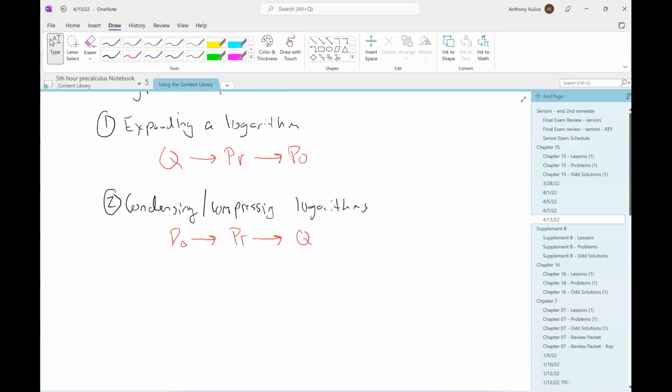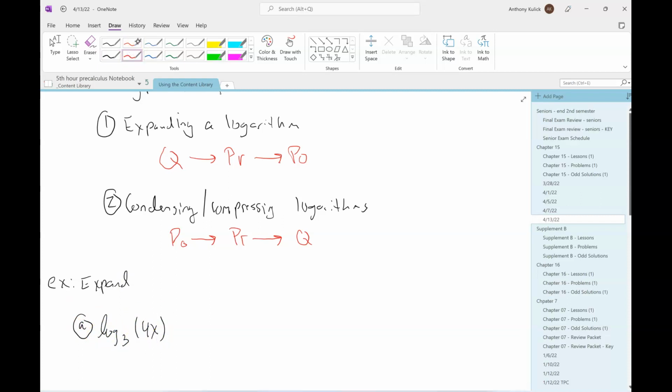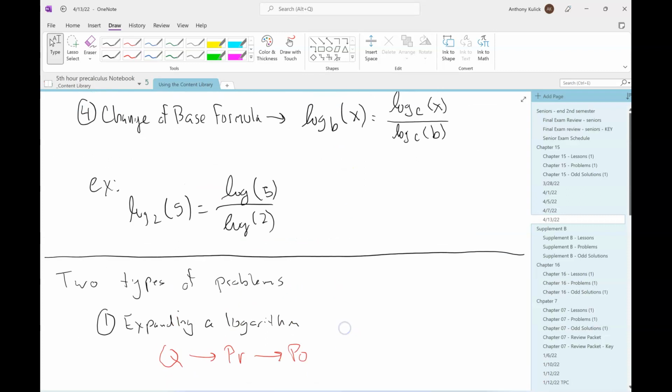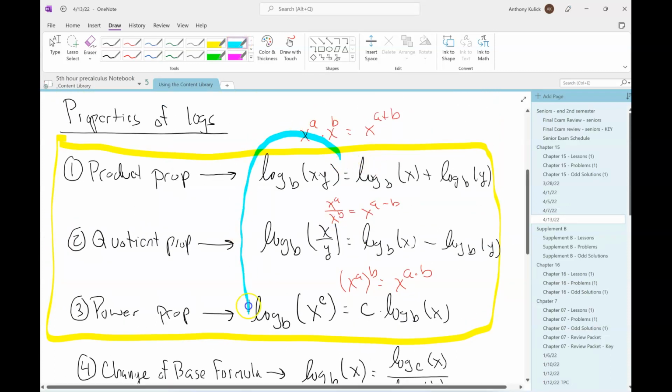So let's do some expanding examples. When we're doing expanding, when we're using these properties, we're going to be looking at using the left-hand side.